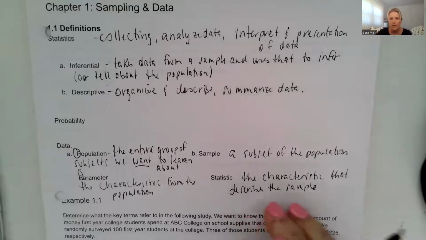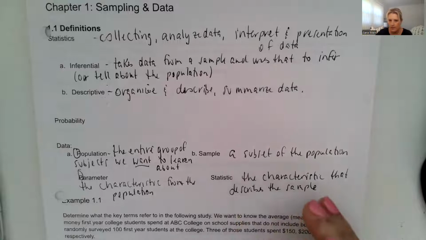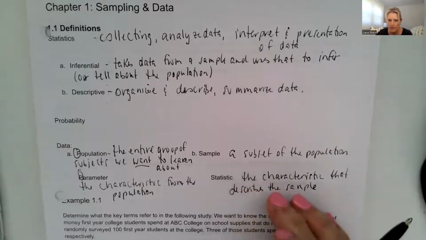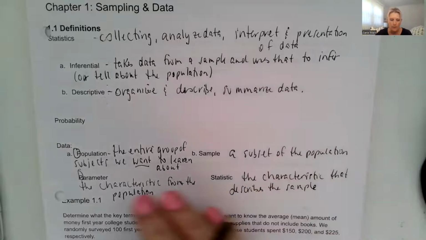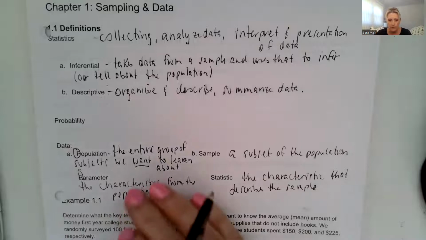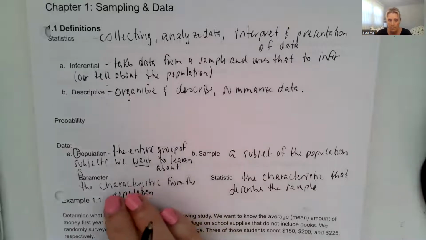So the number of siblings from the sample would be the statistic, and the number of siblings, if we knew the entire data from all of the Glen Oaks Community College students, would be the parameter.